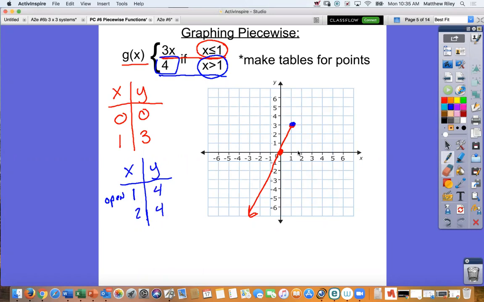So when x is 1, y is 4, and we already said open circle. If x is 2, y is 4, x is 3, y is 4, no matter what. And I only want that for the values bigger than 1. And we are finished. That's a piecewise function.